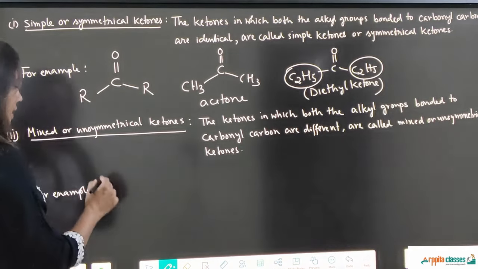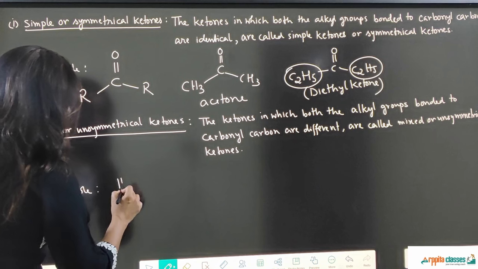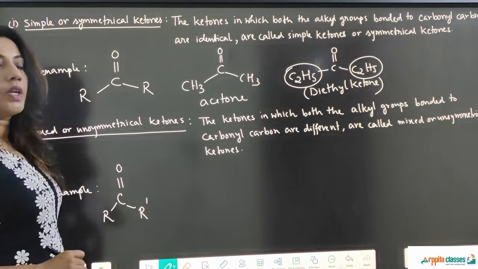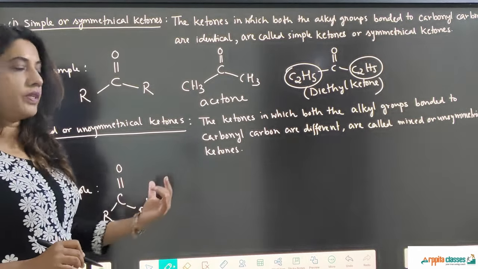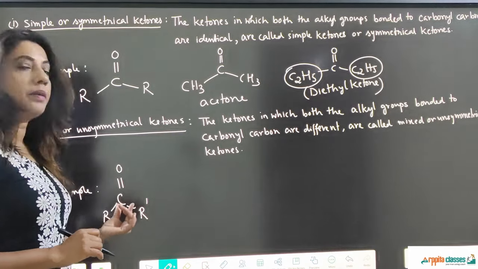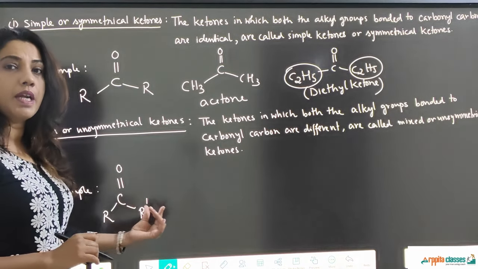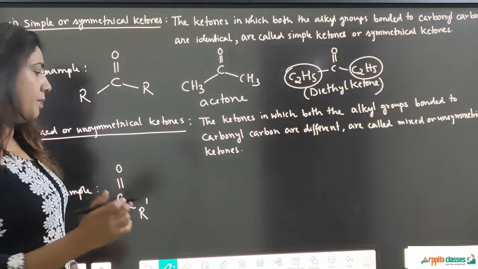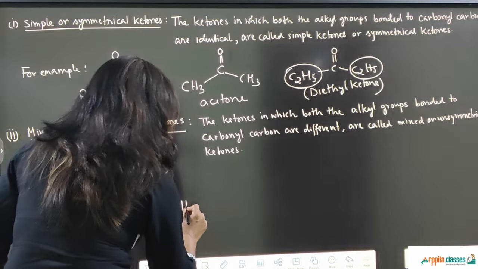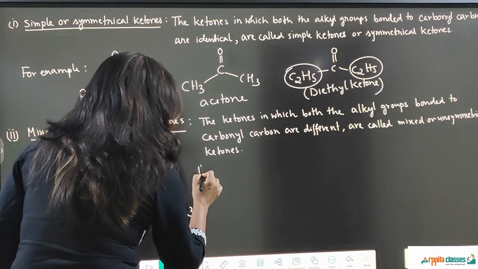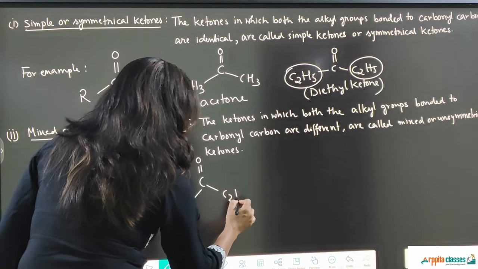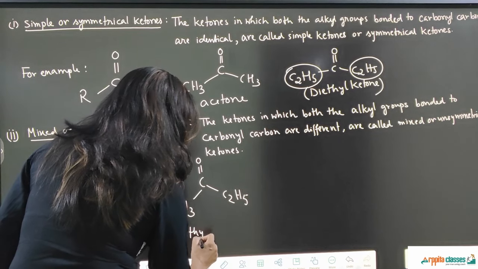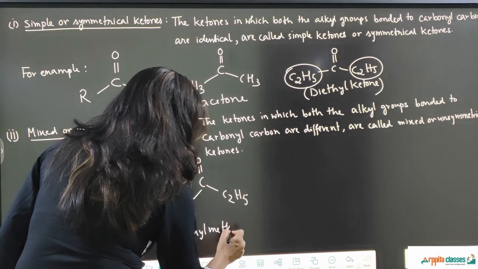On the other hand, if the two R groups are different, now this is R and this is R dashed, that is, the two alkyl groups bonded to the ketonic functional group are different, then we call them unsymmetrical ketone or mixed ketone. For example, we have CH3, C double bond O, C2H5. This is called ethyl methyl ketone.